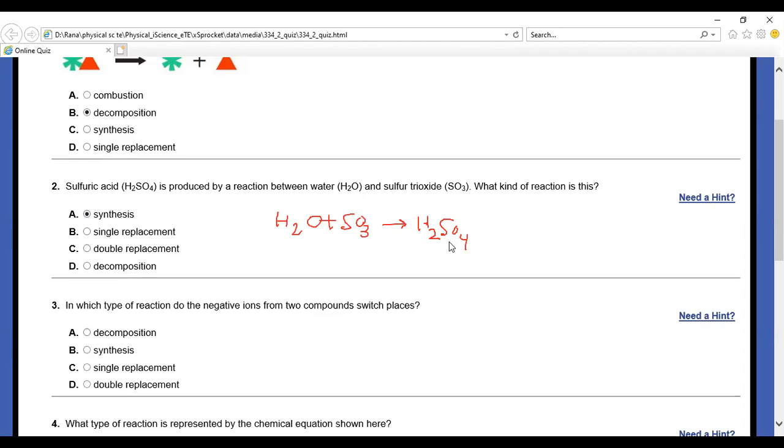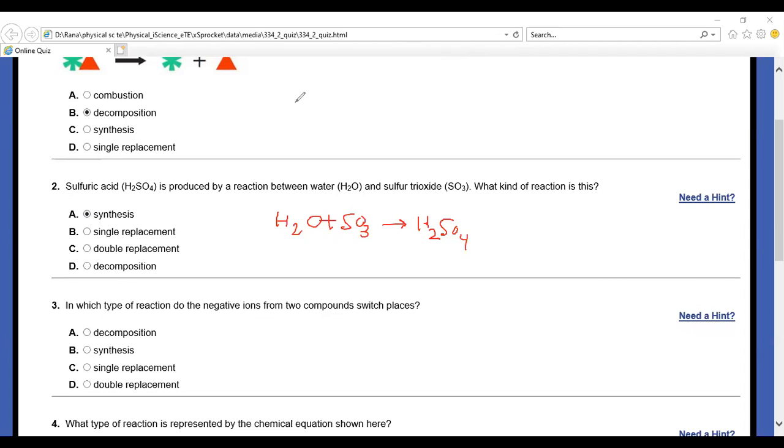Is it clear, Fadia? There is no replacement in this. They just combined. For replacement, there should be someone kicked out, but here they just combined. Always remember the pattern of the single replacement reaction.